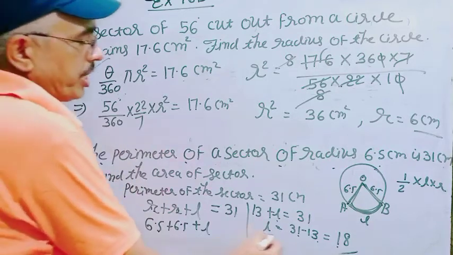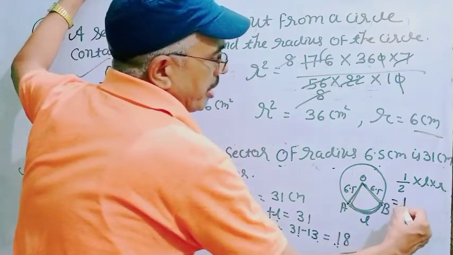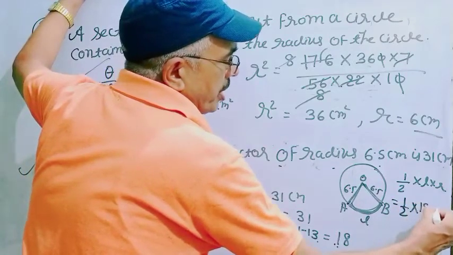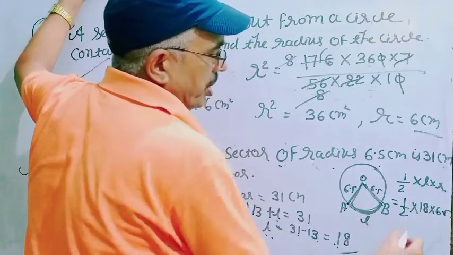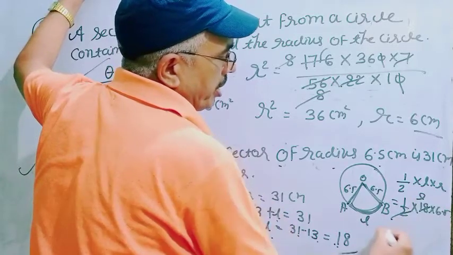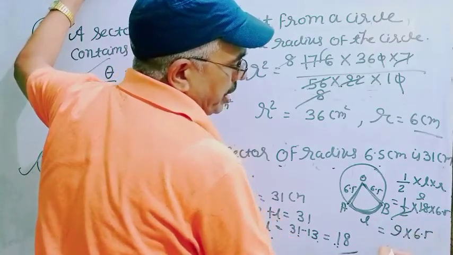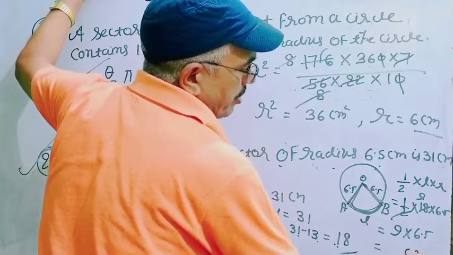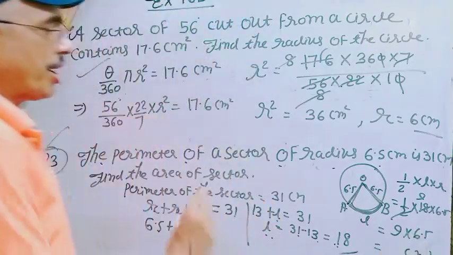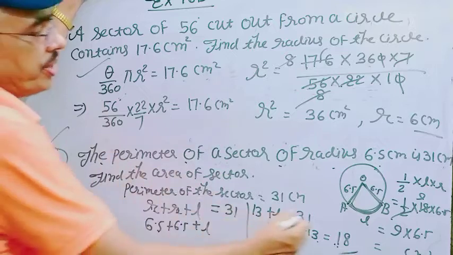Now we find that length of arc is 18, then 1 by 2 into 18 into 6.5. So cancel by 9, then 9 into 6.5. It is your solution, right? It is centimeter square, and you get the area of the sector.